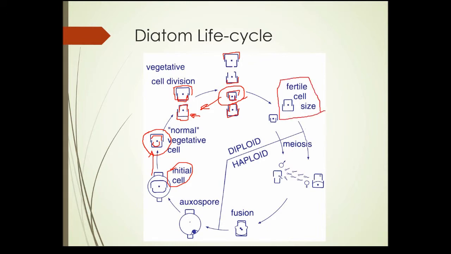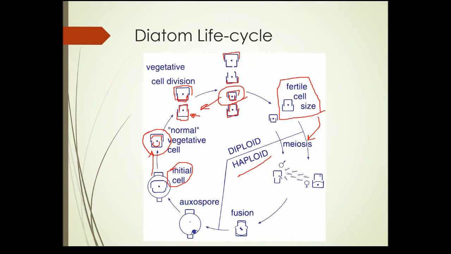which divides by meiosis, forming a haploid cell, meaning a cell that has only half of the DNA of the adult organism.